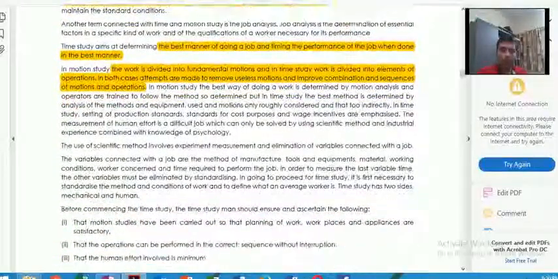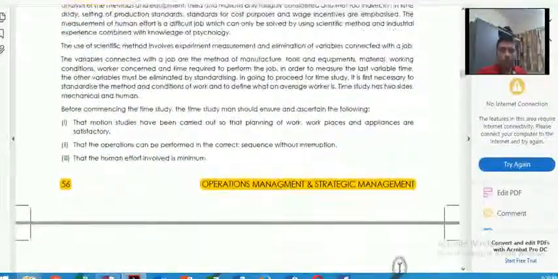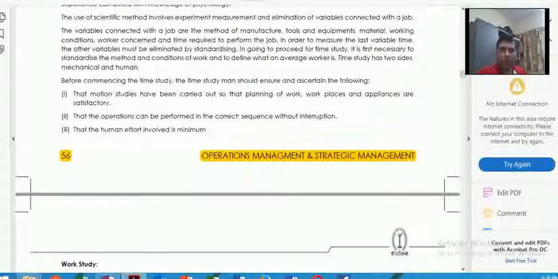Now if we move forward, before starting the time study, what we have to do is consider human effort. Human effort means the workers' effort should be minimum, as some 3 or 4 points are given here. The sequence of the operations should be finalized.